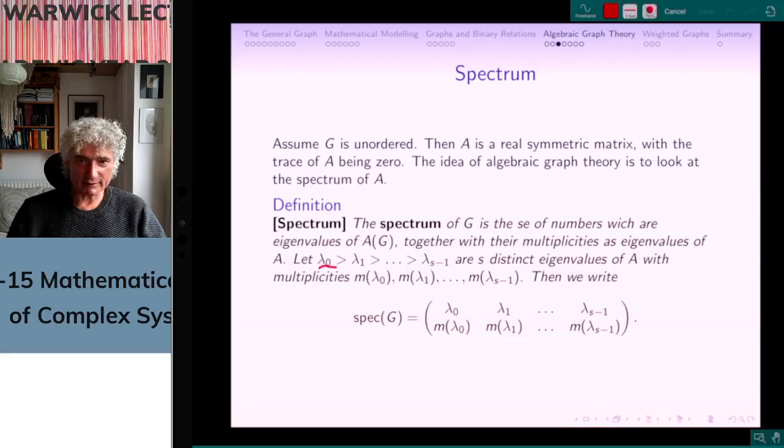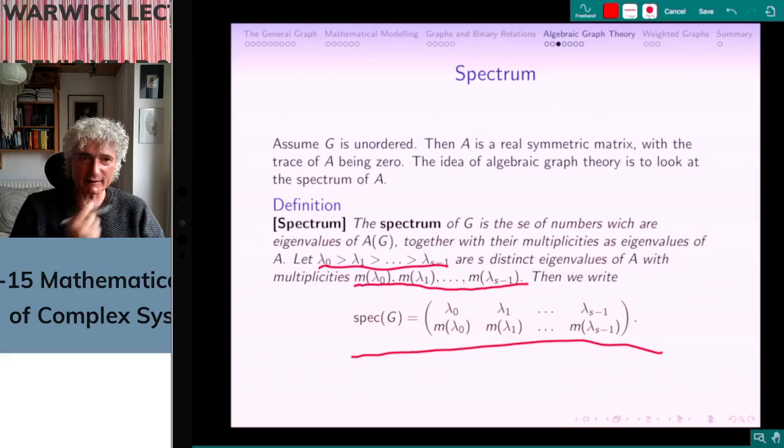That is what we did here, and we have s distinct ones, and we can associate to each of these eigenvalues their multiplicities, m of lambda 0, m of lambda 1, and so on up to m of lambda s-1. And then the spectrum of the graph G is the spectrum of the adjacency matrix associated to G.